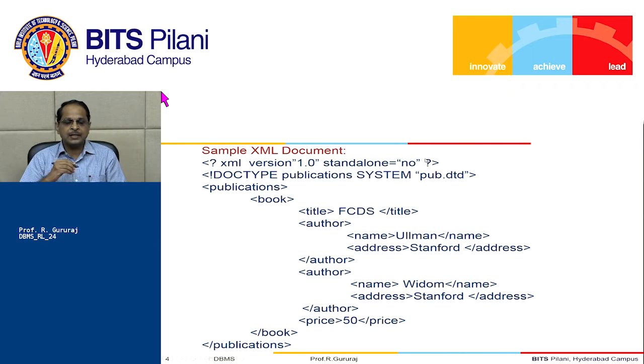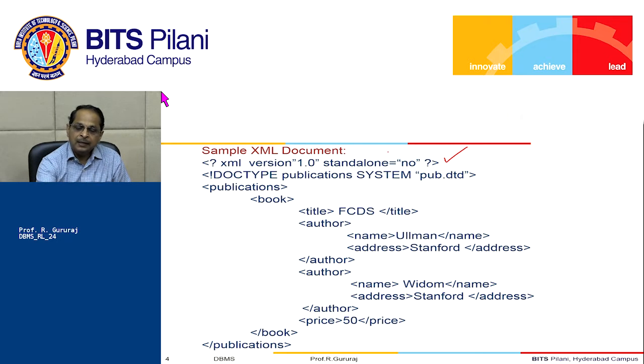Let us have a look at a sample XML document. This first line is a very standard content of any XML document, which talks about the version of XML, and the very predominantly used version of XML is the 1.0 version. Of course, 1.1, 1.2 up to 1.5 have come, and quite recently work is on for XML 2.0 also.